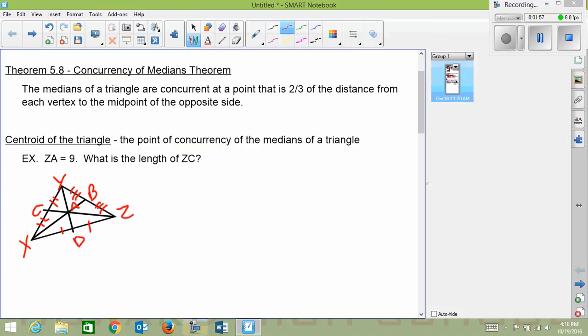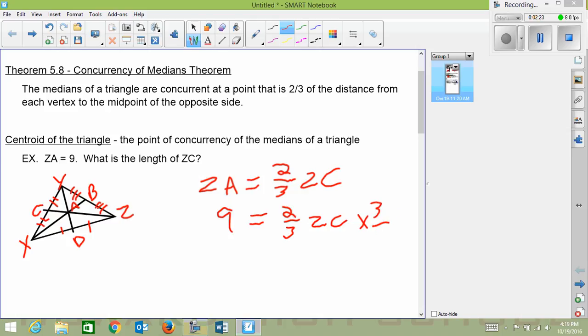And so what we would do is say that ZA equals 2/3 of ZC. And because we know that ZA is 9, I can plug that in. So 9 equals 2/3 of ZC. And so then to solve for ZC, you would divide, but you can't because it's a fraction. So instead, you're going to multiply by the reciprocal.